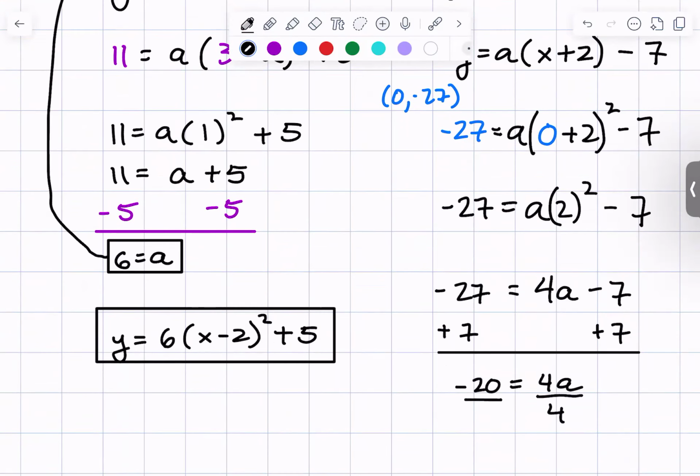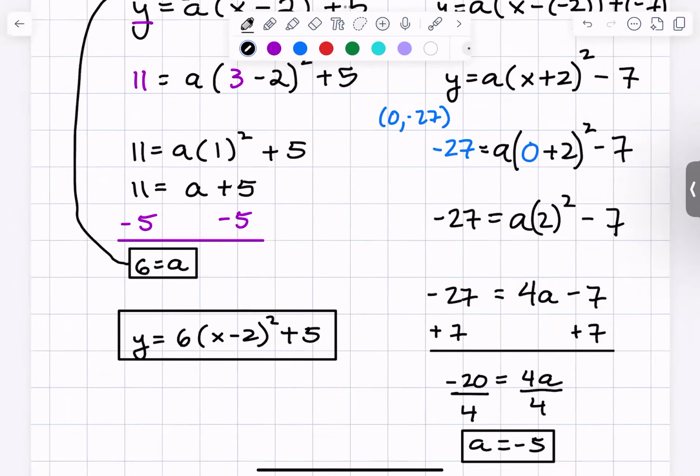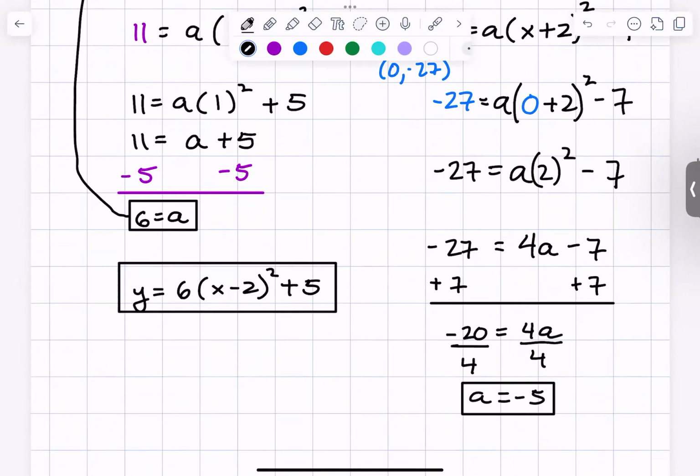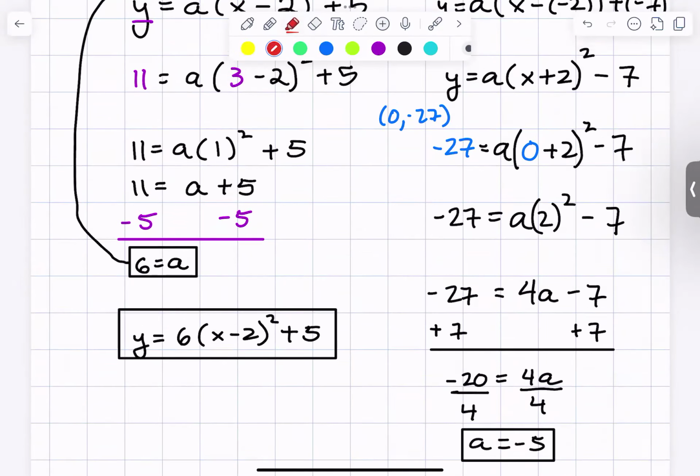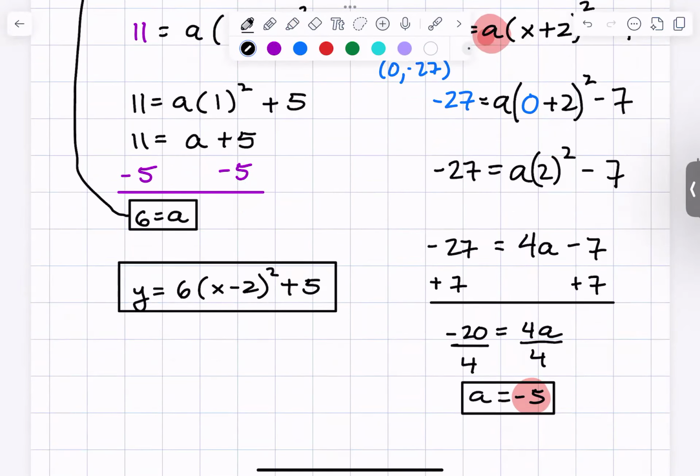Divide by 4, divide by 4, solving for a. That's -5. So now I can plug that back into my equation here. Plug this into there and get my equation that way. So that's y equals -5 times (x plus 2) quantity squared minus 7.